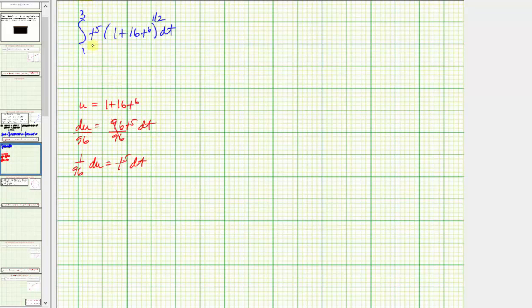Which means in terms of u, t to the fifth dt is equal to 1/96 du, and all this would just be u to the 1/2. So the antiderivative would be 1 over 96 times u to the 3/2 divided by 3/2, or 1 over 96 times 2/3 times u to the 3/2, where u is really 1 plus 16t to the sixth.